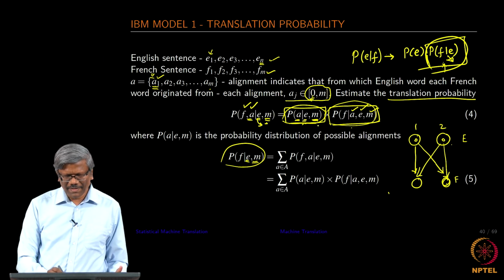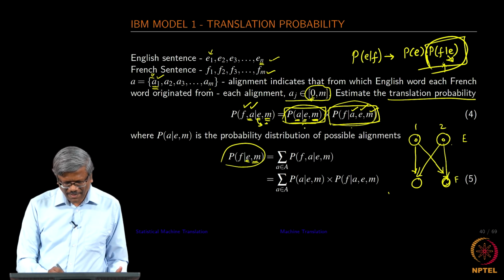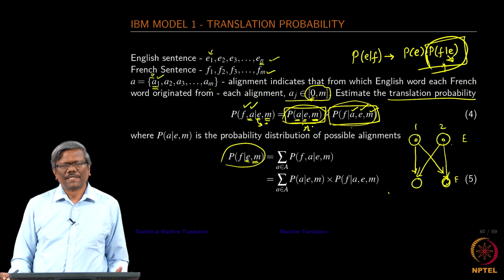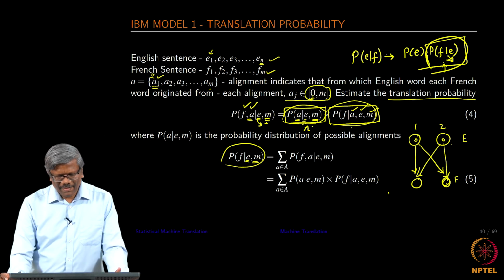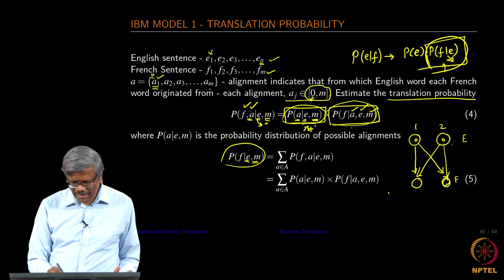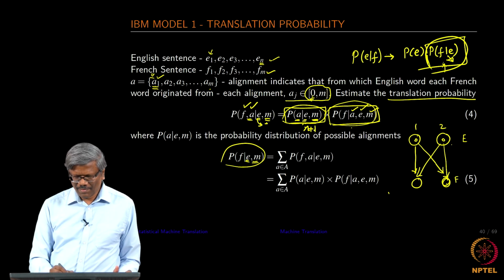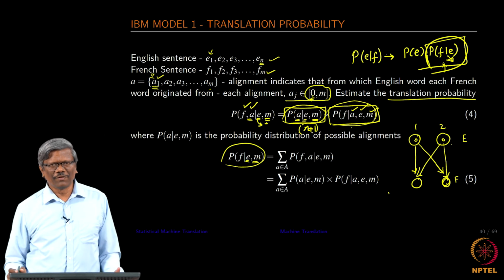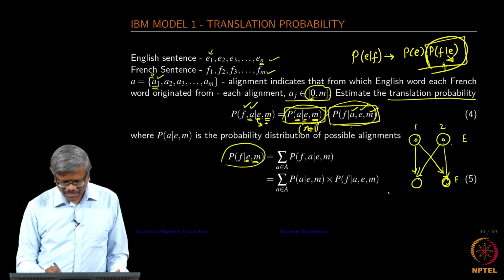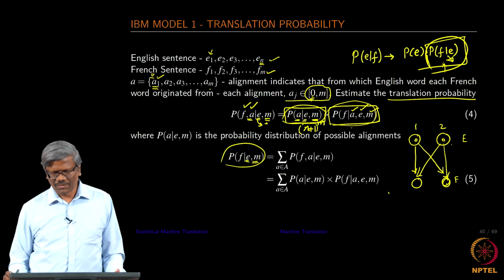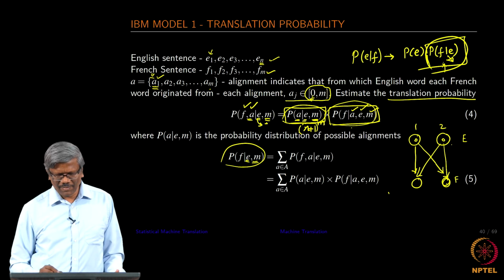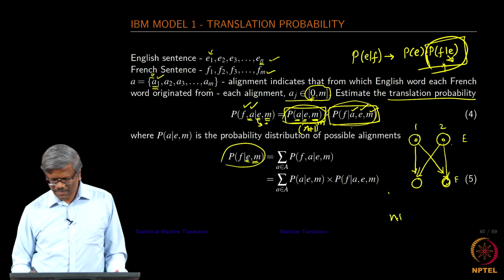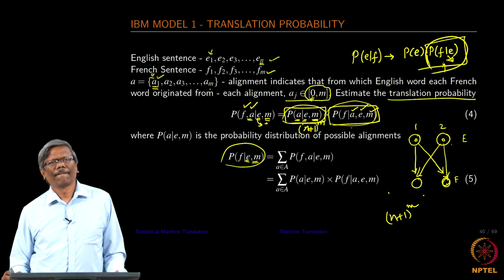Since we are going to be having n words in English, the number of possible alignments are n plus 1, and then since we are going to be doing it over the m words in French, you will have this number. So, the total number of possible alignments are (n plus 1) to the power m.